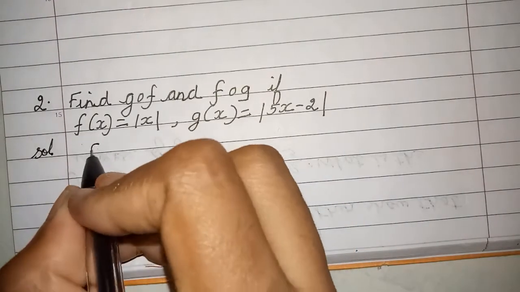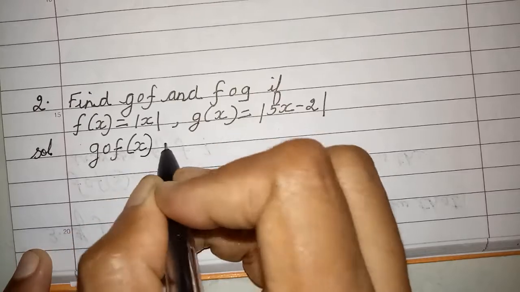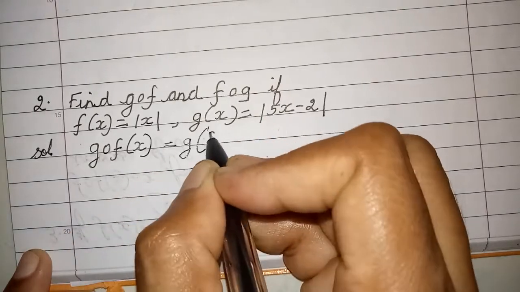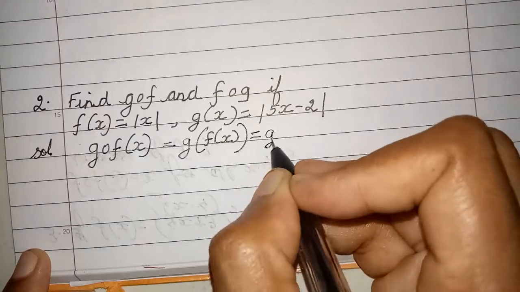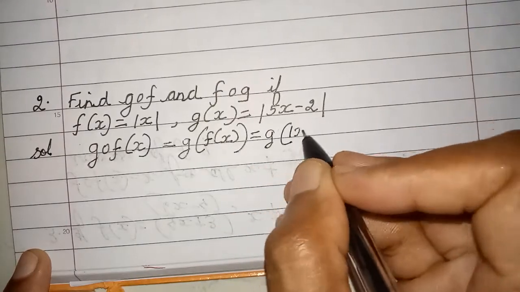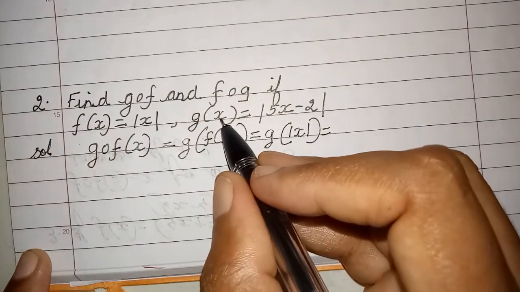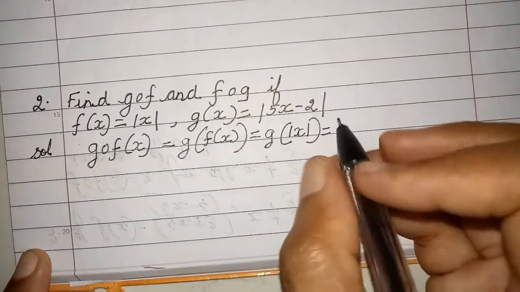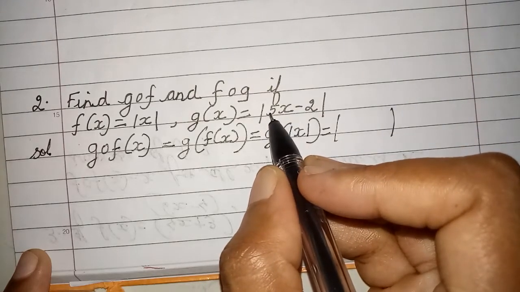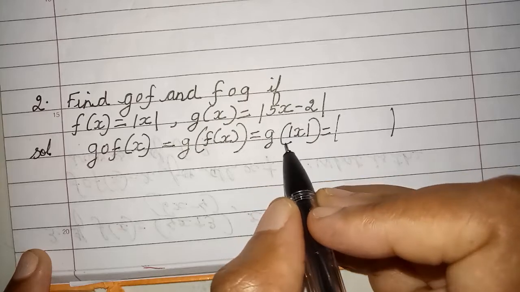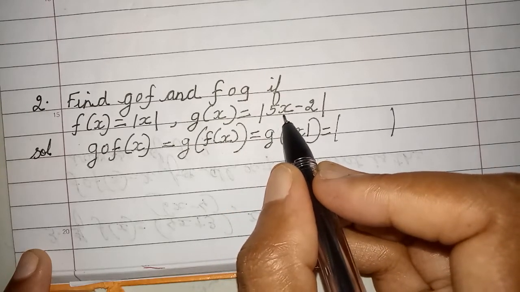So how will I solve this? It is g composite f. I told you it should work on an element x. So g composite f is nothing but g of f of x. But f of x has a definition. What is it? It is mod of x. Now how does g define x? It is modulus of 5 times this number minus 2.